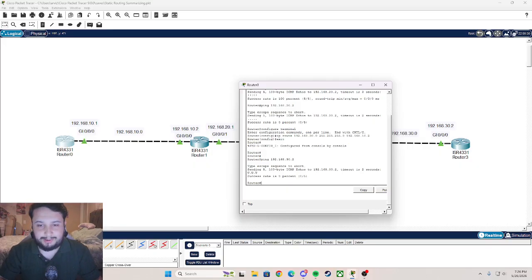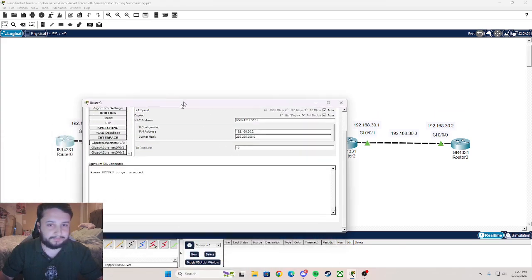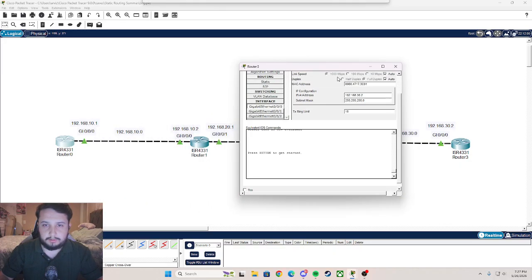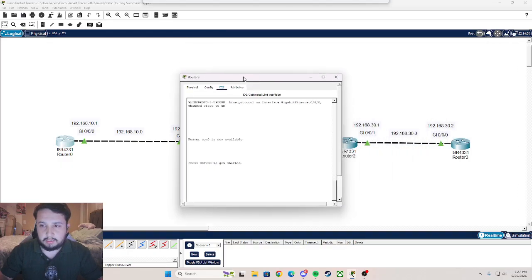Ping needs to be a two-way street, so I need to set up a static route to communicate from router three to router zero.